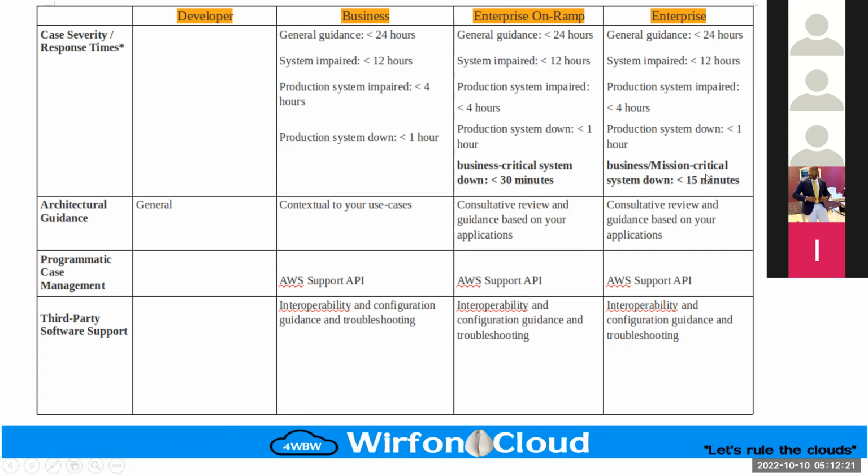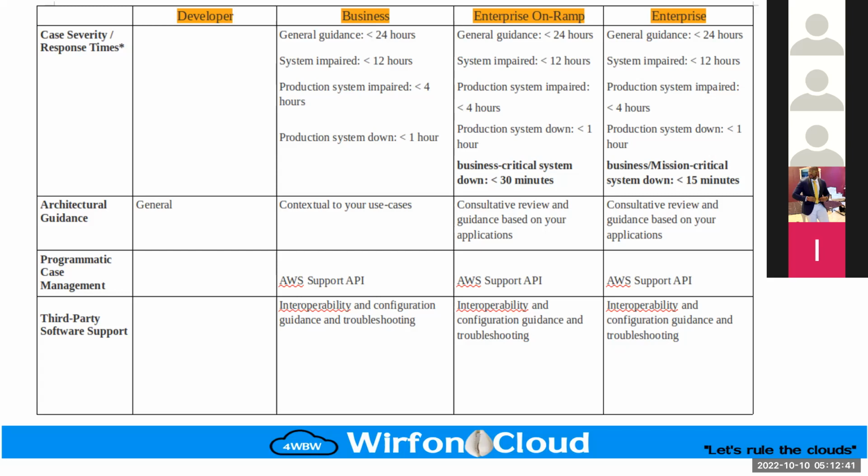So if you are paying this amount of money, when your critical business system is down, especially for critical workload, your system has to be up in 15 minutes. AWS has 15 minutes to put the system up.